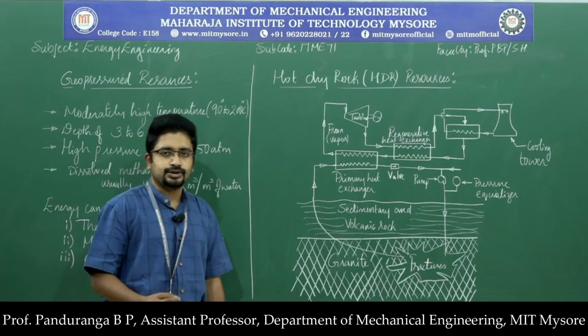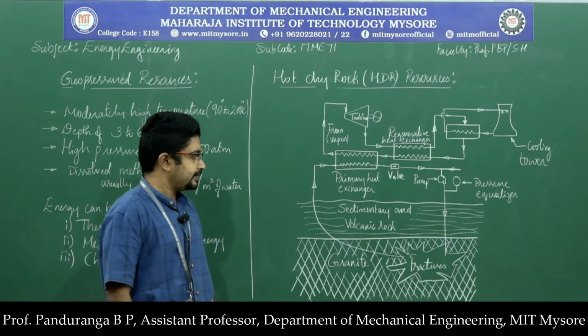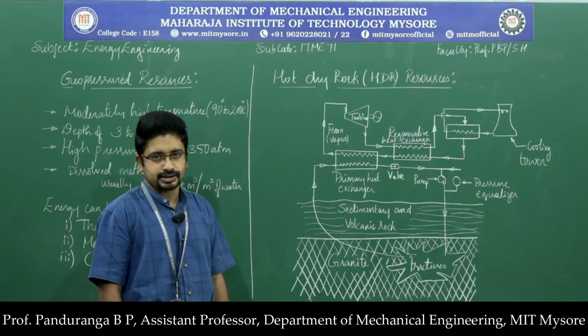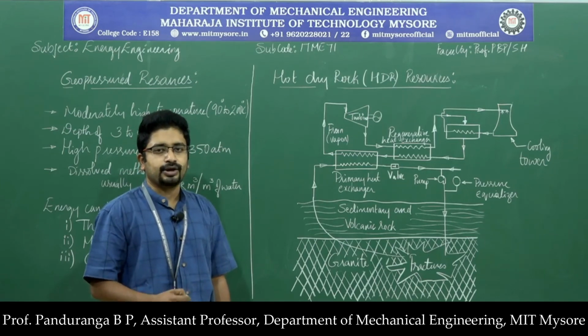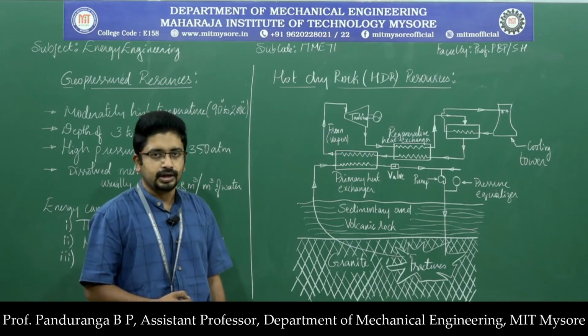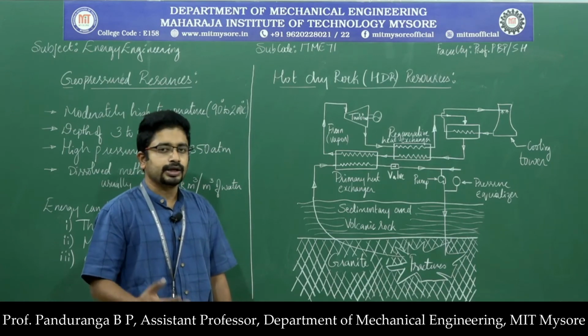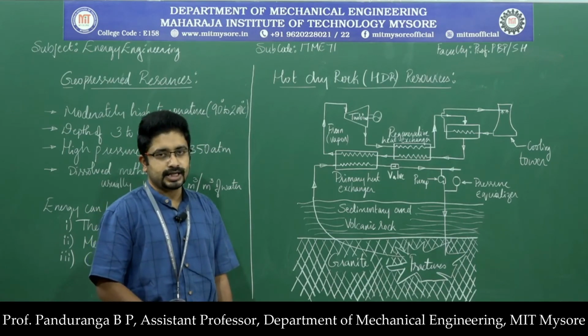First method is to utilize a regular explosive. By blasting the explosive at this depth, we can create fractures. The second method is hydraulic cracking, where we use a very high pressure jet of water to create fractures in the granite rock, or you can use nuclear explosion.